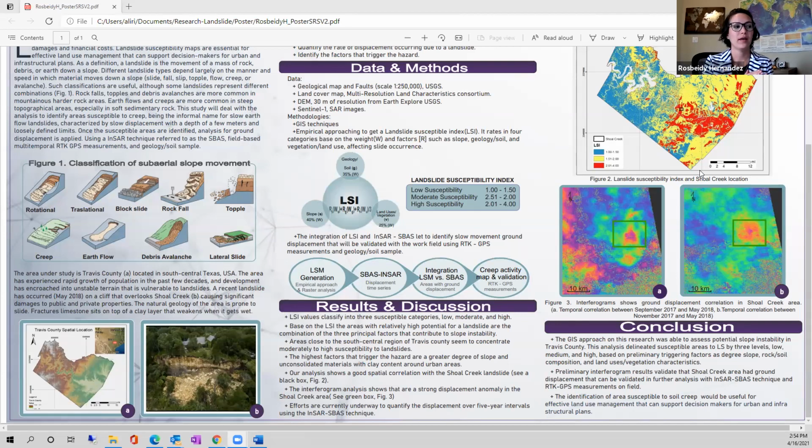So we can detect the change if something is happening in only a slow movement. We're talking about millimeter to centimeter in 1 year. So we are able to detect this movement from just creep and not the other ones.